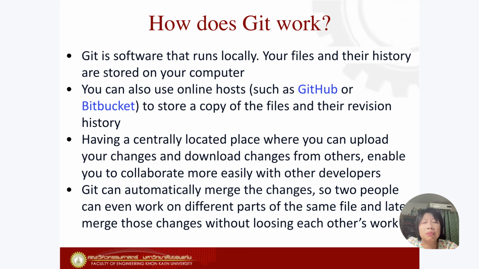And Git can automatically merge the changes so two people can even work on different parts of the same file and later merge those changes without losing each other's work. So this is very great because if we have like a large project and we want many people to work together, then Git is necessary to merge the parts that different people work on, even the same file together.